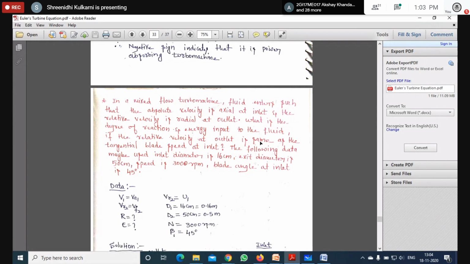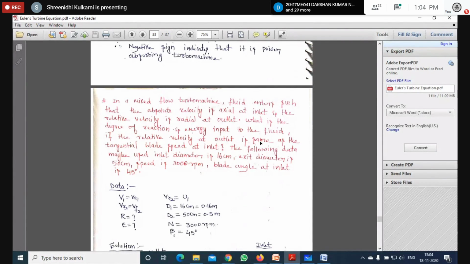The following data may be used. Inlet diameter is 16 centimeter. Exit diameter is 50 centimeter.